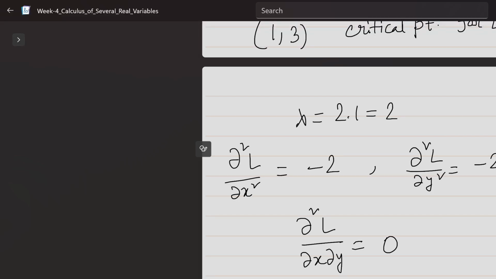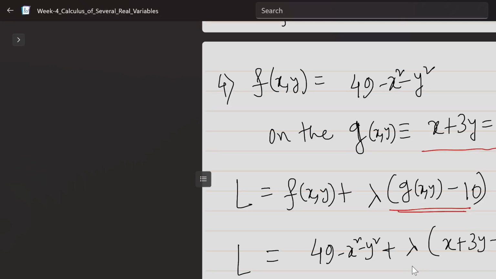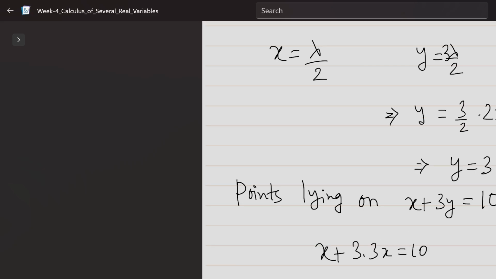So I am writing something extra, but the extra thing is 0. Why am I doing this? Because I want an unconstrained problem, because I know how to solve an unconstrained problem. So I am converting a constrained problem to an unconstrained problem with this relation. So it is the method of Lagrange multiplier.